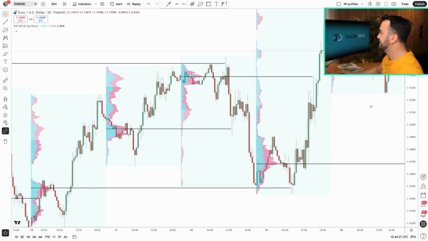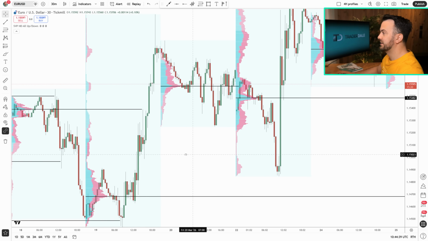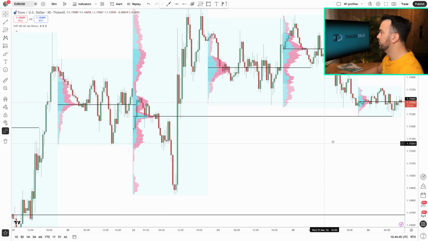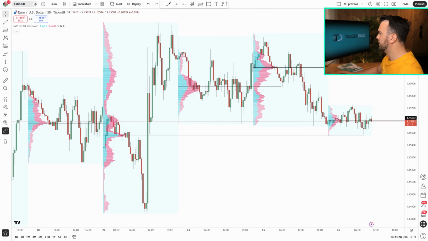So yeah, the market does react there, and actually this is a very good strategy to start with when trading volume profile. In the last couple of days, there were also a couple of nice reactions. If you take a look at this point of control, then a couple of moments ago, there was a reaction to it already in here.